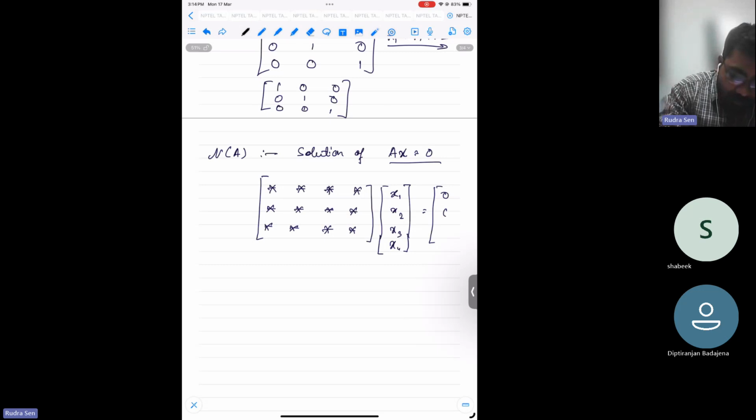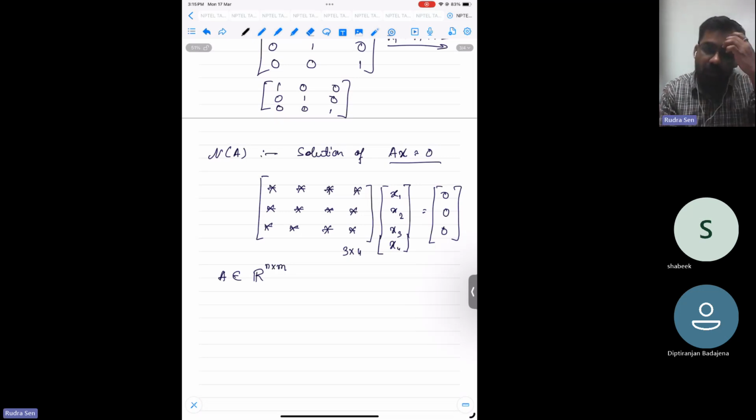So this is 0, 0, 0. So what would be the dimension of the null space? So this is basically a 3 cross 4 matrix, right? So A belongs to, let's say real numbers, 3 cross 4, or rather say m cross n.